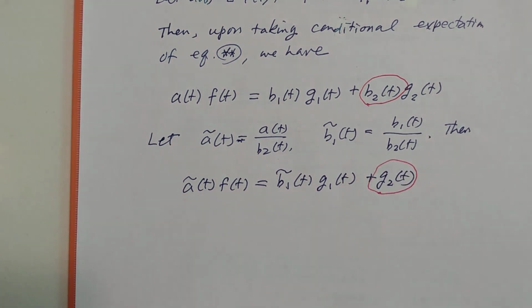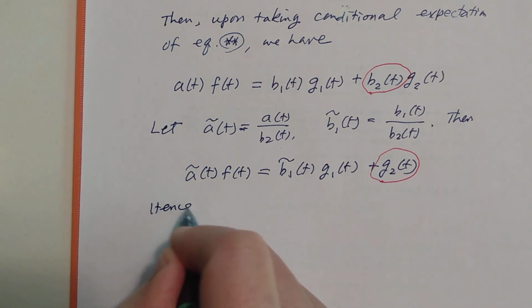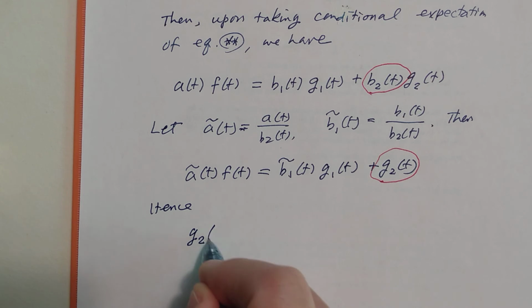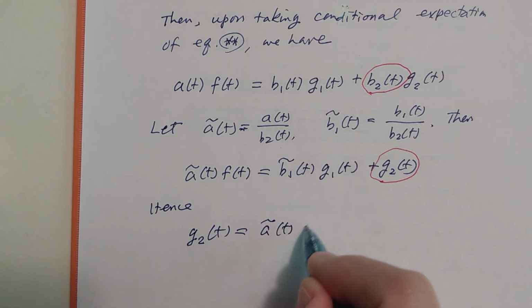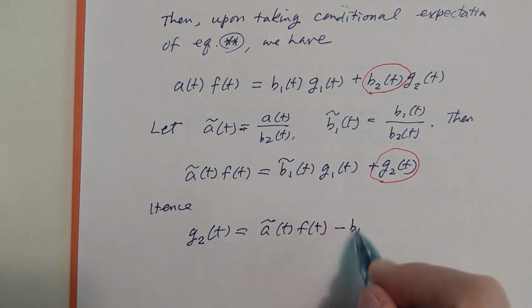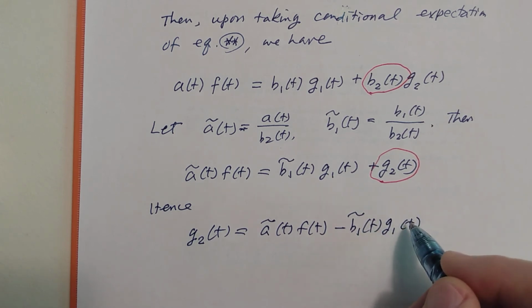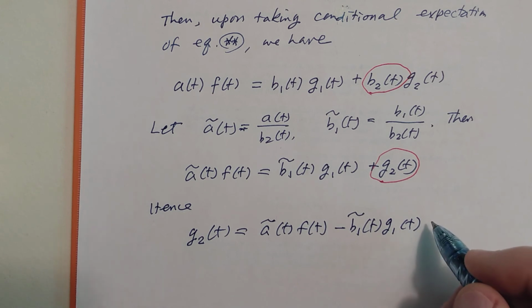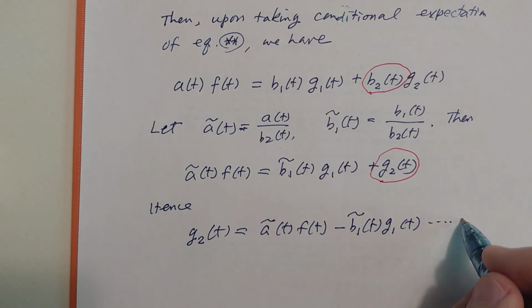And then we solve for g_2(t). Hence, g_2(t) equals A tilde t f_t minus B_1 tilde t g_1(t). Let's put this as equation 2.